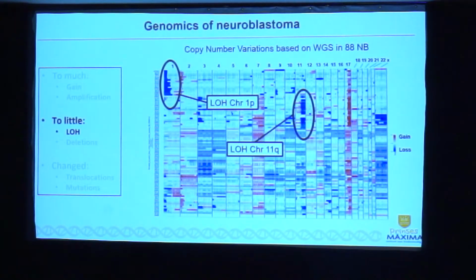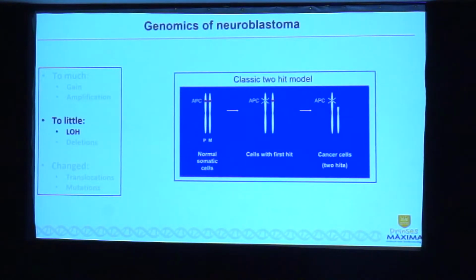In the early days, the idea was that these regions were deleted, and it was actually a 2-hit model, the classic 2-hit model in adult cancers, which functions by that you have a paternal and a maternal allele. For instance, APC, you get one mutation, and then the other allele is deleted, and then you have a complete inactivation of this strong tumor suppressor gene. So then you have a cancer cell.